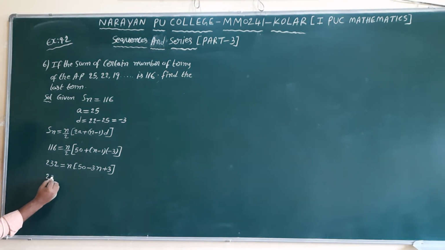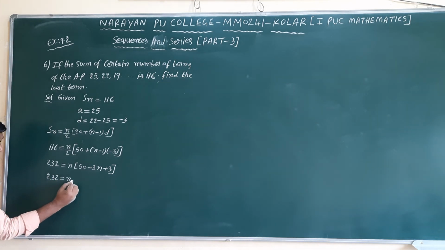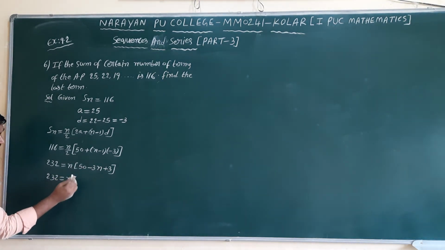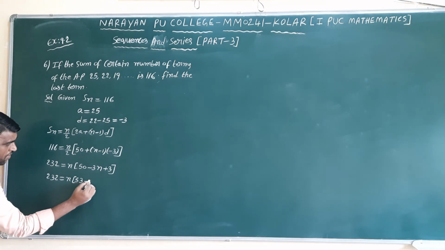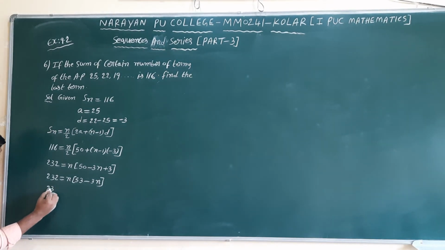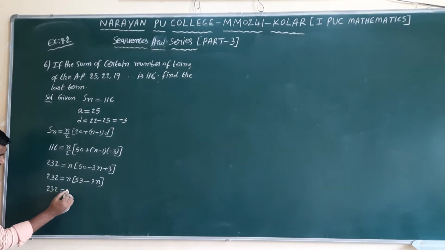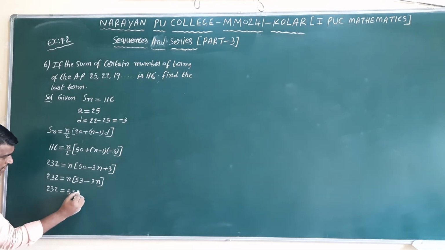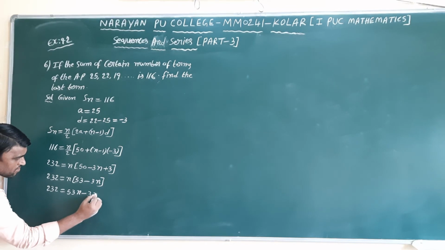So 232 is equal to n into (53 minus 3n), that is 232 equal to 53n minus 3n square.